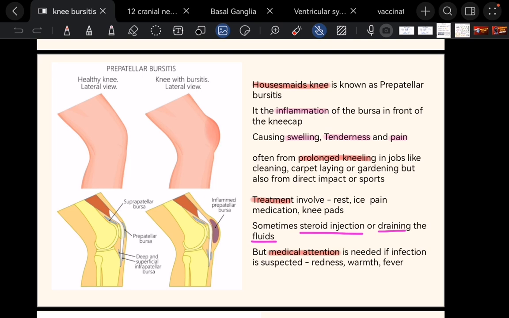But if you do notice symptoms such as swelling, redness of the bursitis or the knee, or warmth, which can indicate a suspicion of infection, that needs medical attention. So this is housemaid's knee.